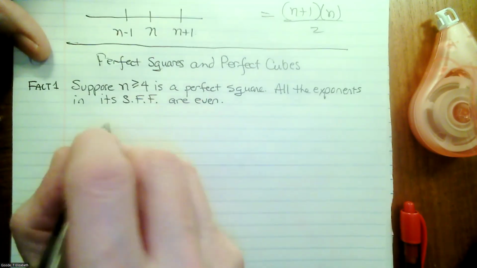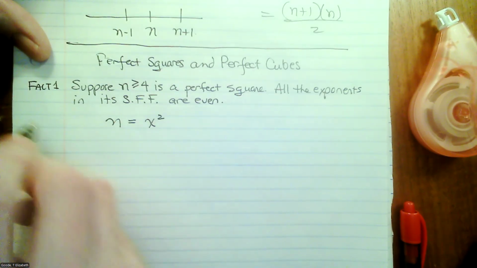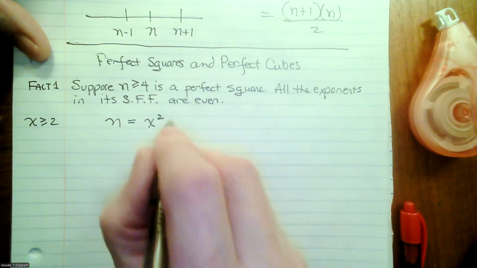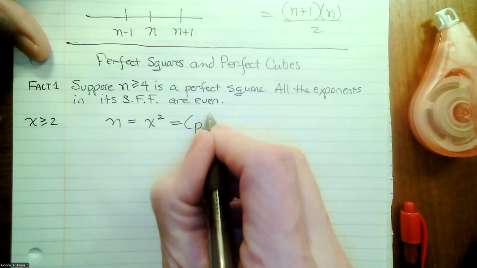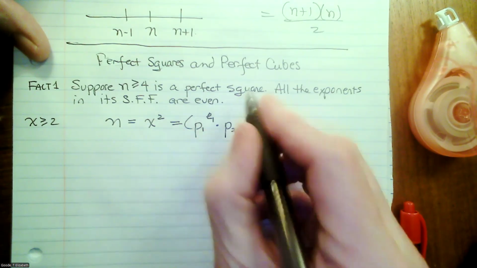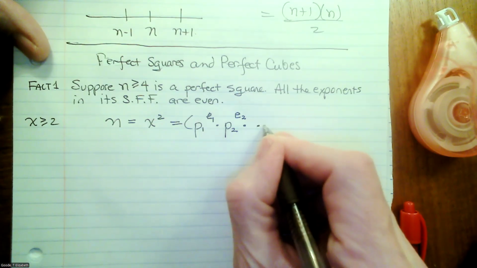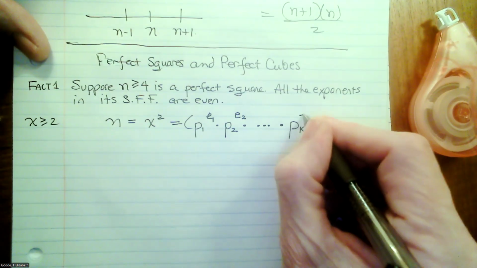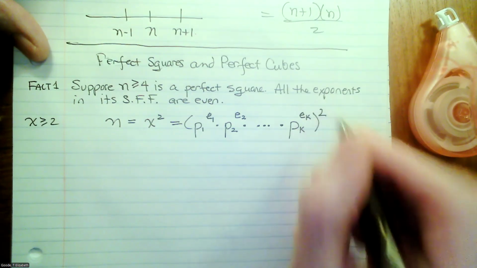So let's just look at why. If n is a perfect square, then n equals x squared, where x is at least 2, because I've made sure n is big enough. So x has a standard factored form: x is p1 to exponent e1 times the next prime that appears in x to the e2, and so on, up to the biggest prime, call it p sub k, raised to some exponent e sub k, and x is getting squared.